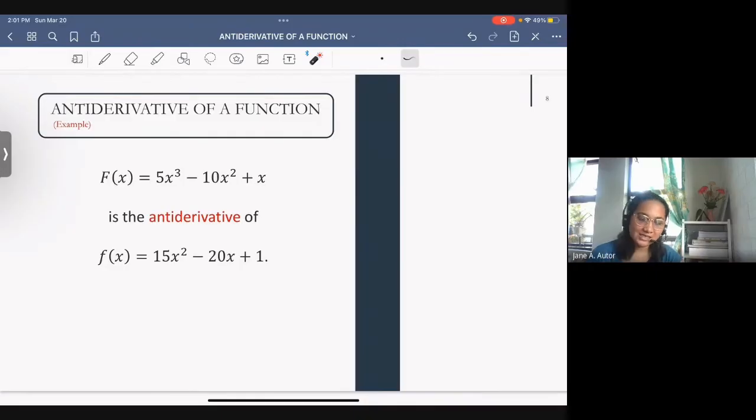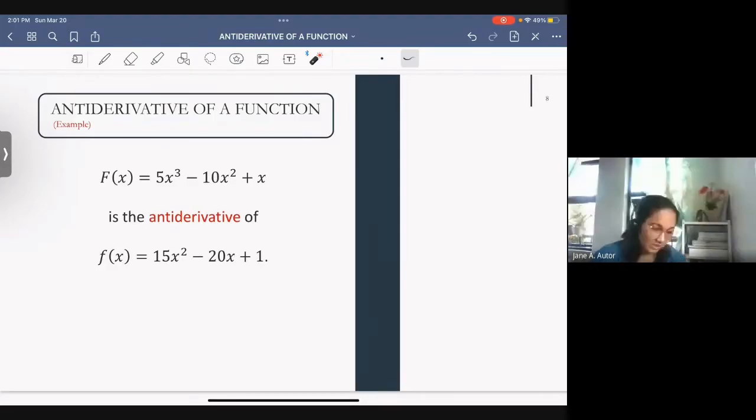Relating this to our lesson for this video, which is the antiderivative of a function, we can actually say that uppercase f of x equals 5x cubed minus 10x squared plus x is the antiderivative of the small case f of x equals 15x squared minus 20x plus 1.